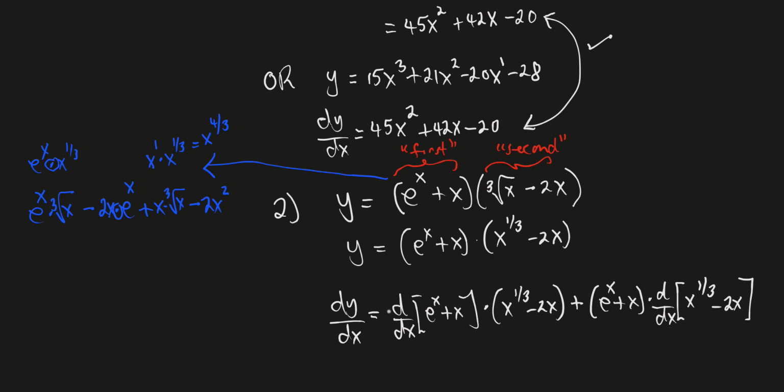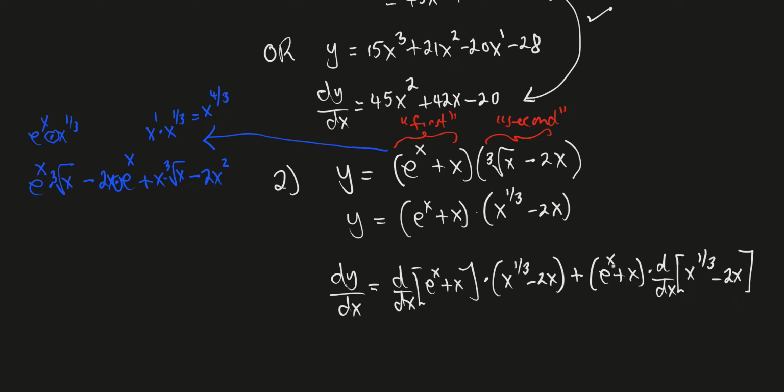So once we simplify this expression by taking the derivative of e to the x plus x, and similarly the derivative of x to the 1/3 minus 2x, the calculus part is done, and then we have to decide how much more algebra we want to do, right?